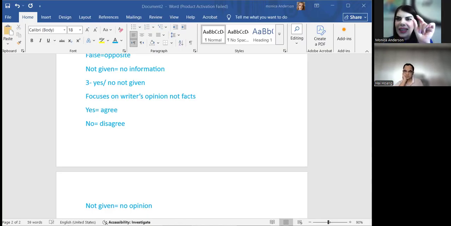Sometimes you see a little bit and say, okay, this is the answer. No. It should be completely related to the question. So, not given means you cannot find any information, or you can say that the text doesn't clearly confirm the statement. So that is not given.